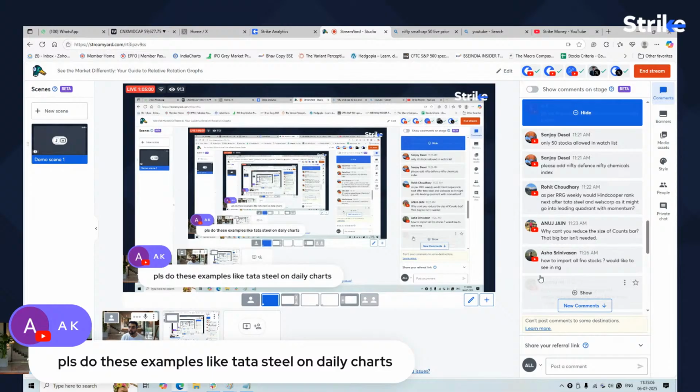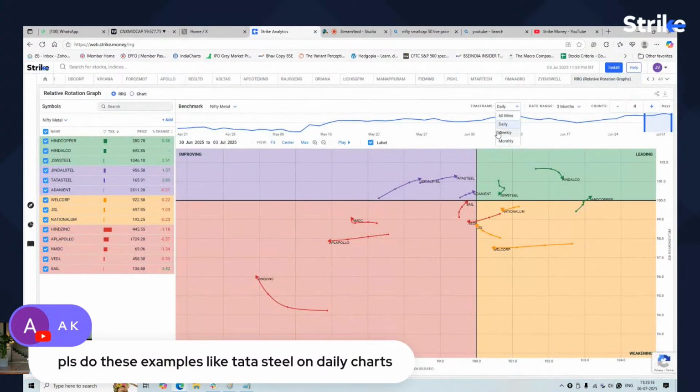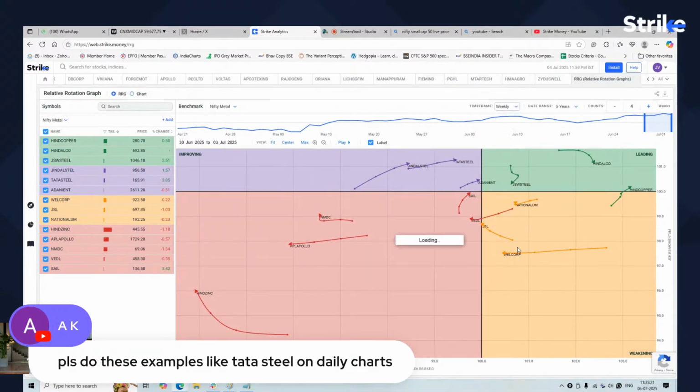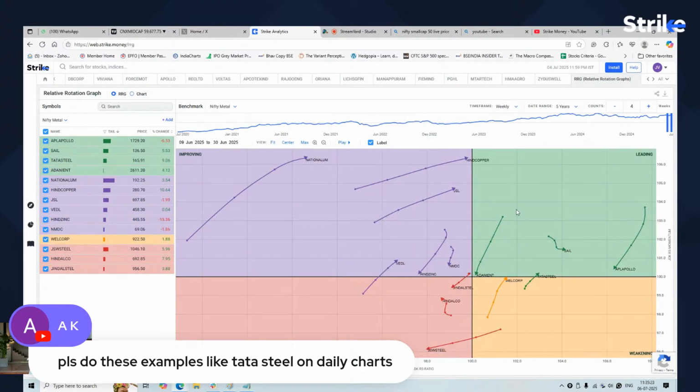As per RRG, Hind Copper ranks next after Tata Steel, as it might get into the leading quadrant. Yes, Hind Copper is good. It might break into leading, but I think probably a more interesting one would actually be VEDL.